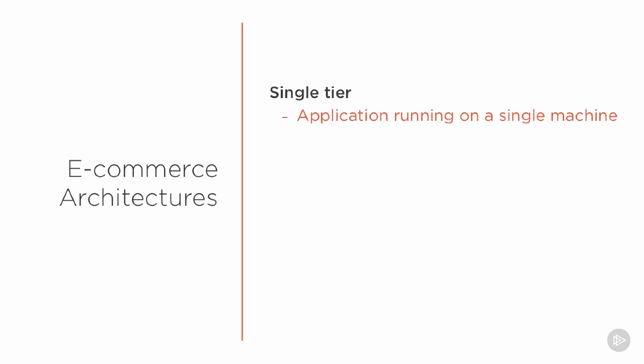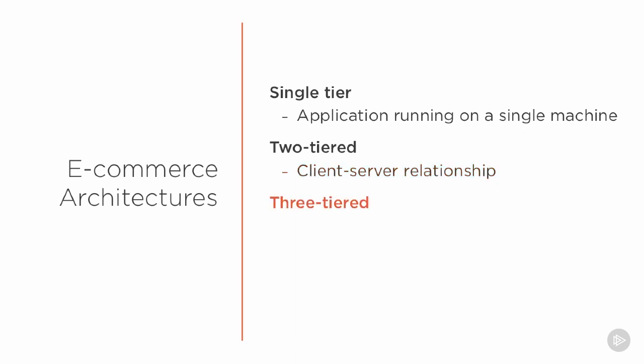And in many cases, the problem with this type of single tier is it's rather inflexible. So instead, we've come up with multi-tiered architectures. For example, a two-tiered architecture, like we've seen for the last few decades, is a client-server relationship. We have a host server that supports a number of different clients.